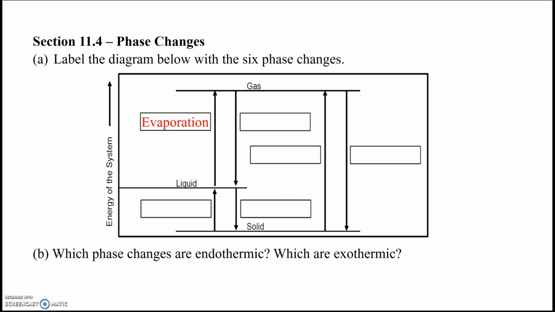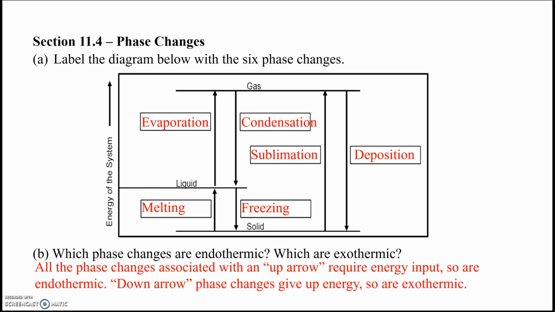So here we've got evaporation going from liquid to gas, melting going from solid to liquid, condensation, which is going from gas back down to liquid, sublimation, which goes from solid to a gas, freezing, which goes from liquid back to a solid, and deposition, which goes from a gas back down to a solid.